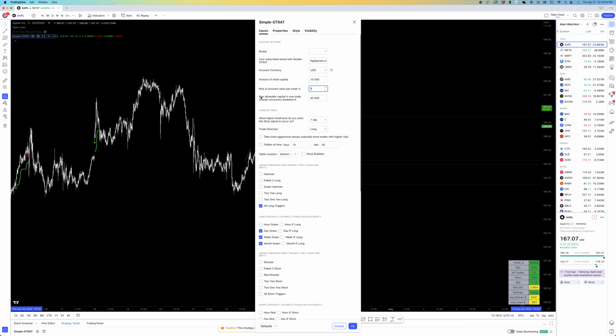And I think I may have touched on this in one of the prior videos, but max allowable capital in one trade. This is traditional; I put this in here for margin accounts. If I have a real tight stop, my SimpleStrat is going to try to maximize the number of shares I can buy based off of my 1% risk on the trade.